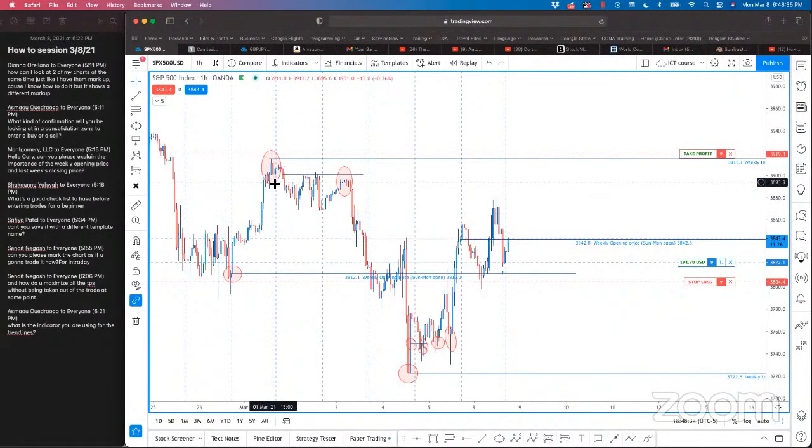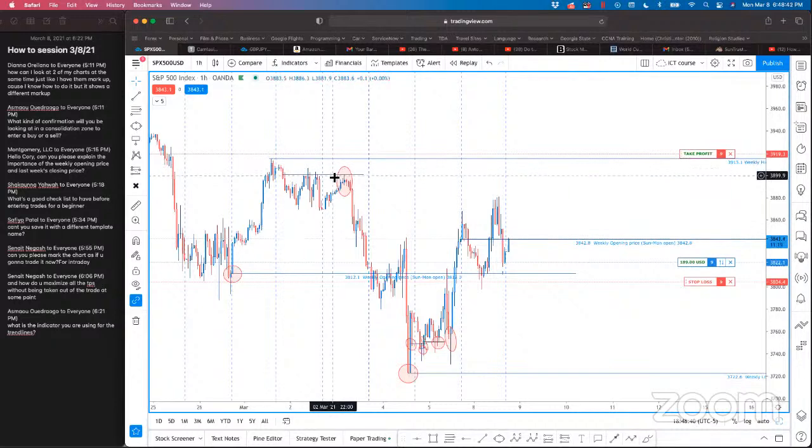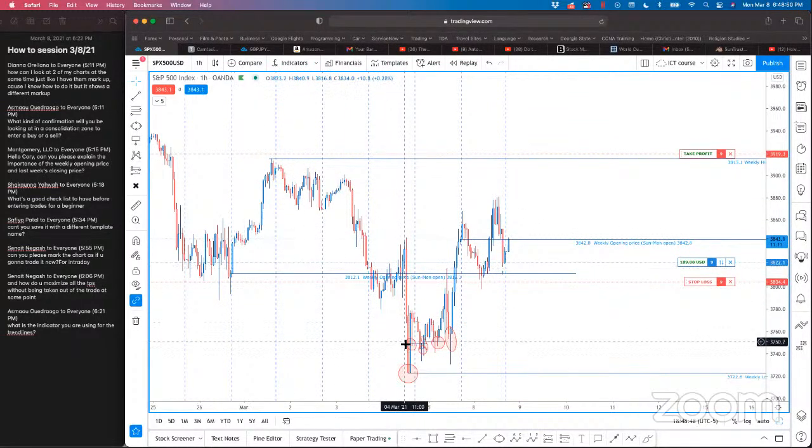So we know and understand the weekly perspective looking at the opening price, right? We got a good explanation, right? So now we can get rid of all this stuff.